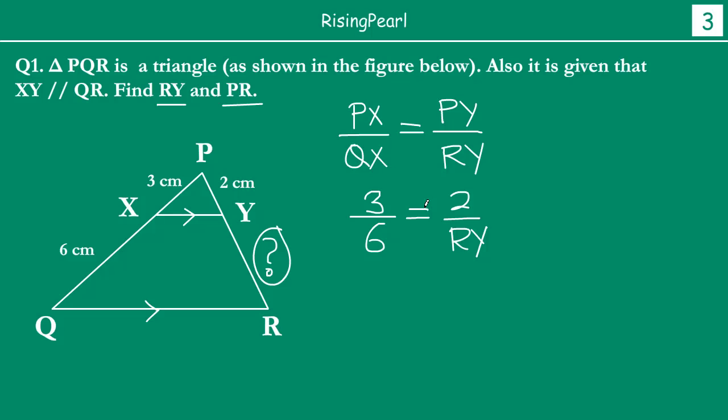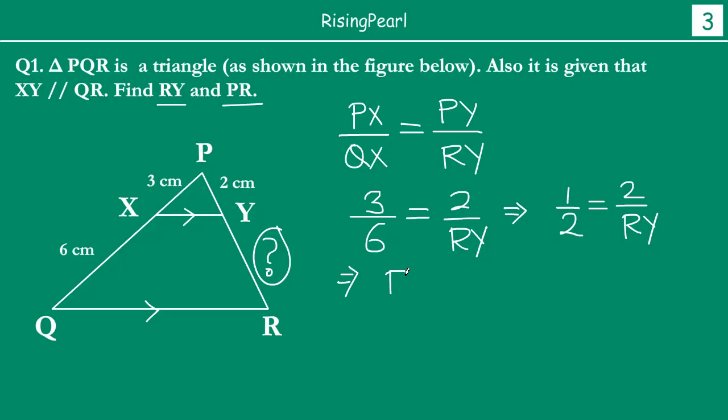So RY, now simply if you solve this, we want to take RY over here. Essentially you can write this as 1 by 2 equal to 2 by RY, and this implies that we can take RY over here, and then this goes over there.